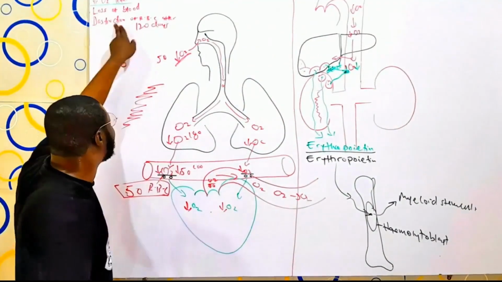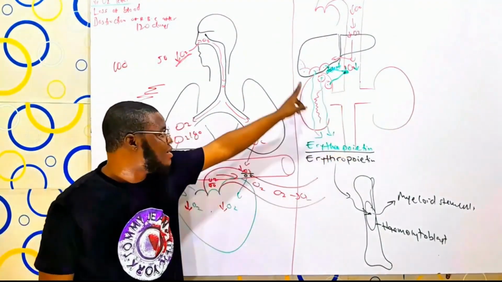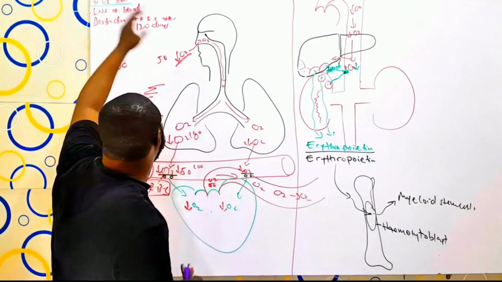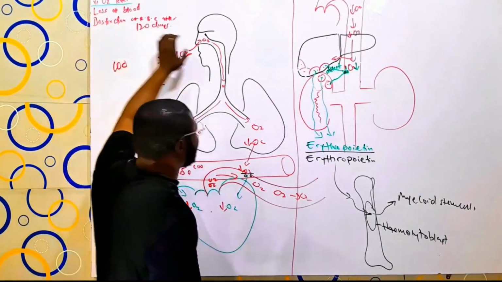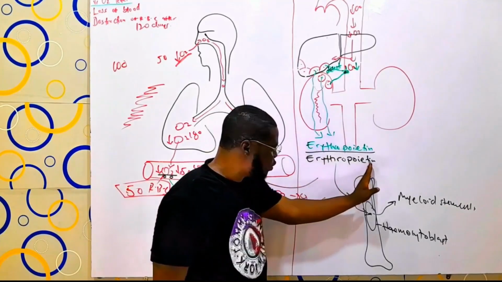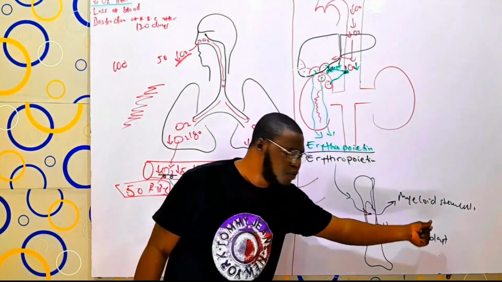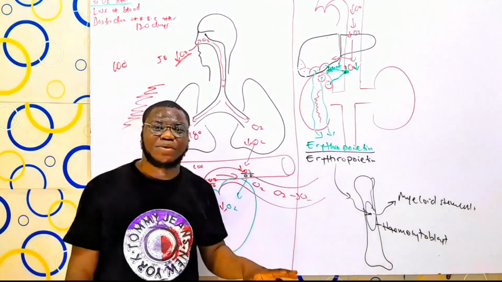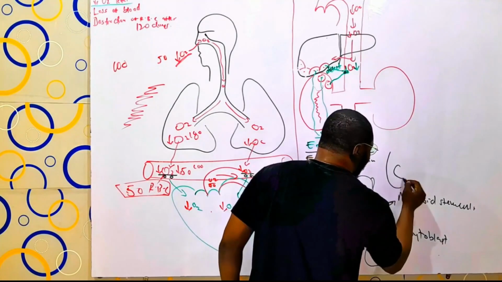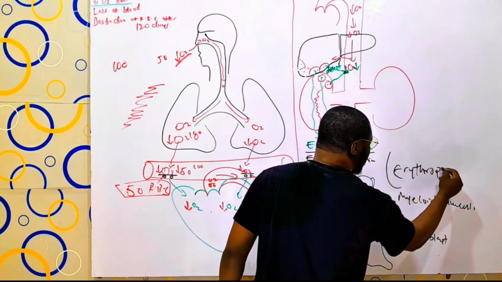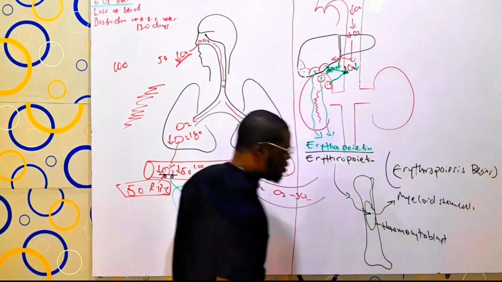And all this series of events will lead to a reduction in oxygen carrying capacity. And these cells are going to detect that. These cells in the kidney and the liver will detect all these changes. And then they secrete something called erythropoietin. And the erythropoietin is going to act on the hemocytoblast, telling it to produce what? To produce a myeloid stem cell. So therefore, erythropoiesis begins. As simple as that, guys.